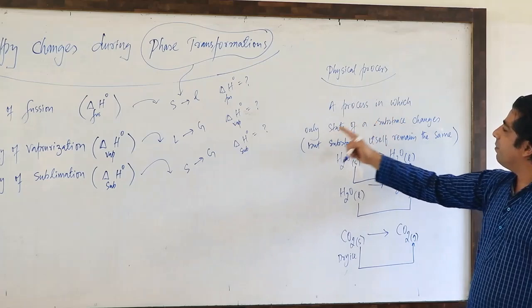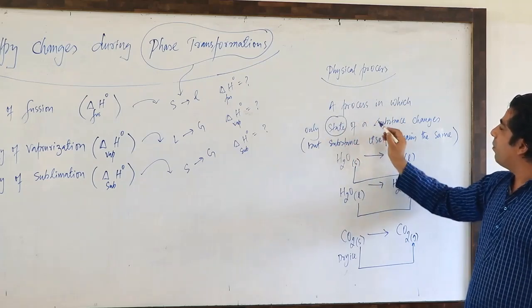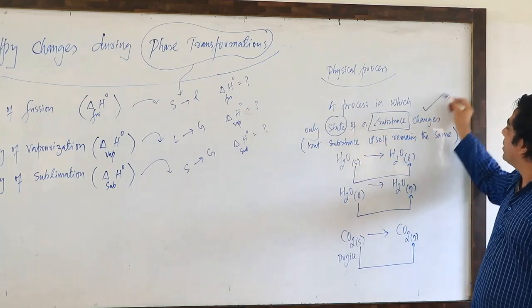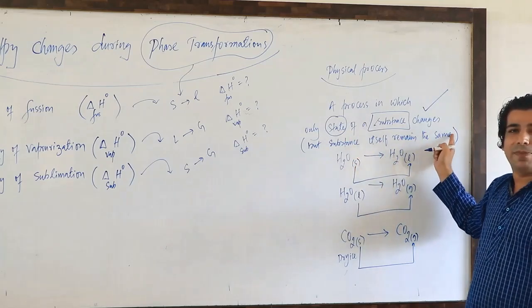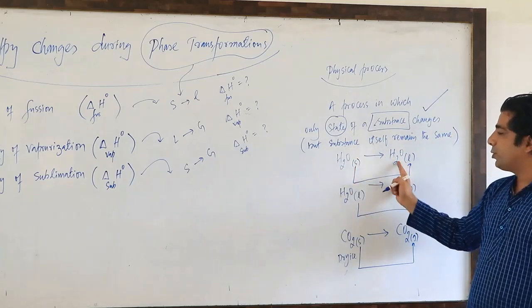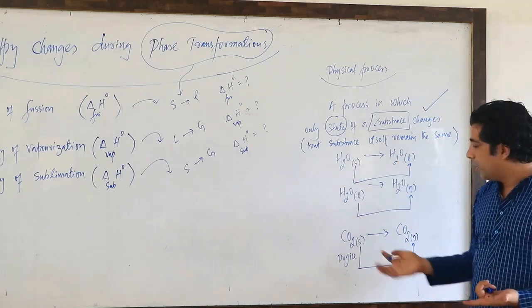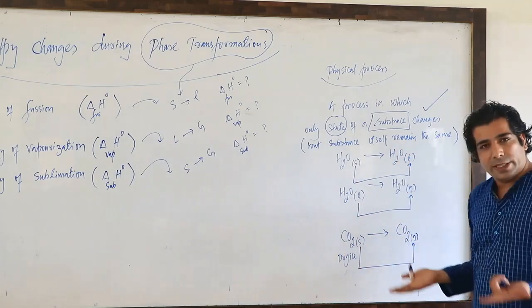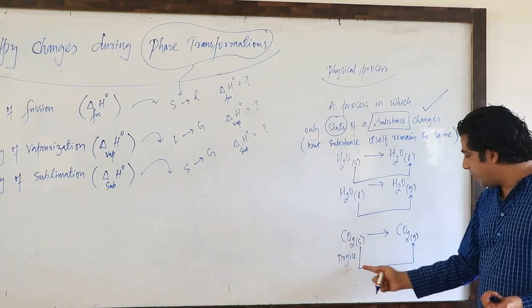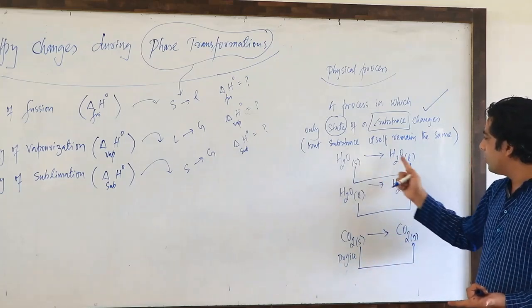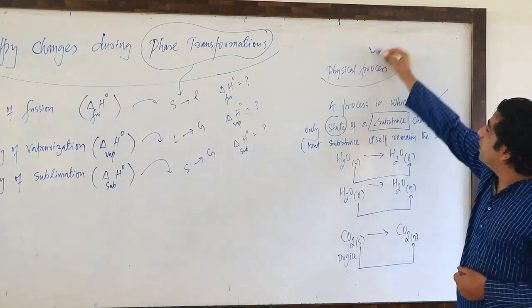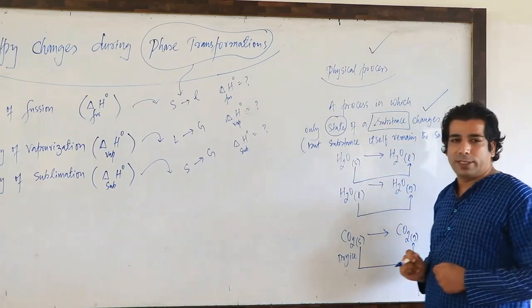A process in which only the state of a substance changes, but the substance itself remains the same. H2O, H2O, so the substance is the same. CO2, CO2, the substance is the same, but only the state is changing. Solid to gas, liquid to gas, and solid to liquid. So we call this process a physical process, my dear friends.